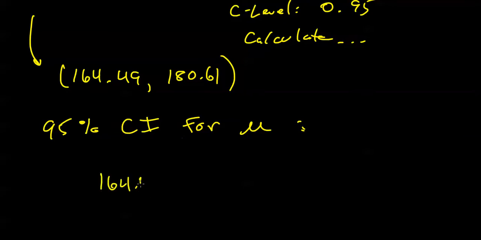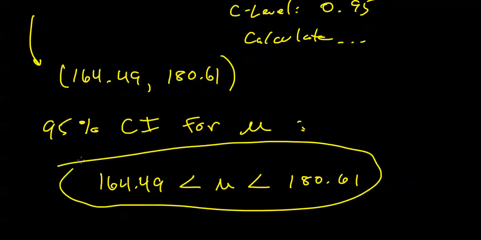Well, we got a lower bound of 164.49. We got an upper bound of 180.61, with hopefully mu trapped somewhere in between. This is my 95% confidence interval for mu.